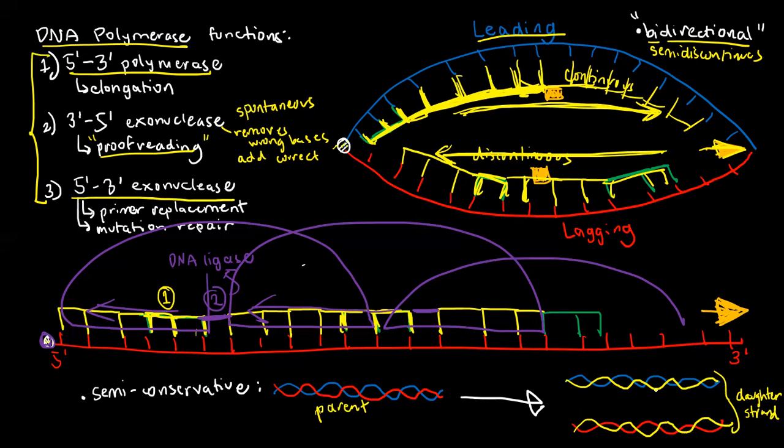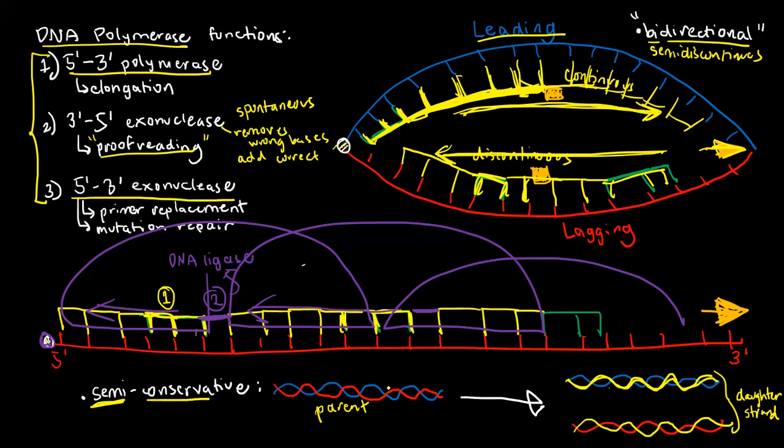And notice that in every daughter strand, half of the daughter strand comes from the original parent and half of it is newly made. And since half of it comes from the original parent, or is conserved, or is passed on from the parent, we could say that replication is a semi-conservative process.